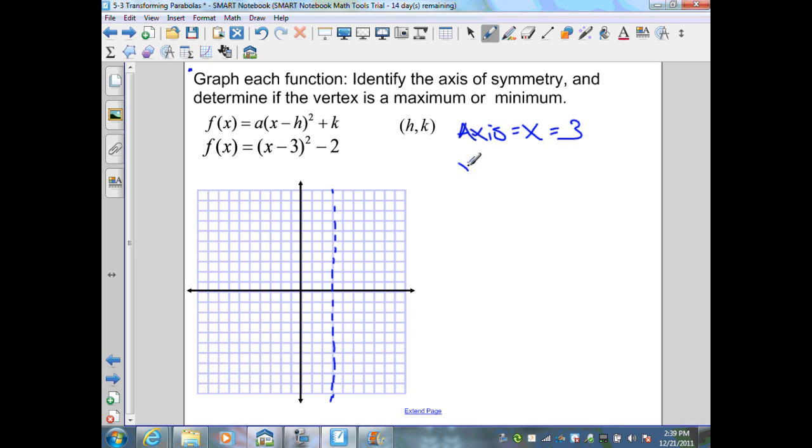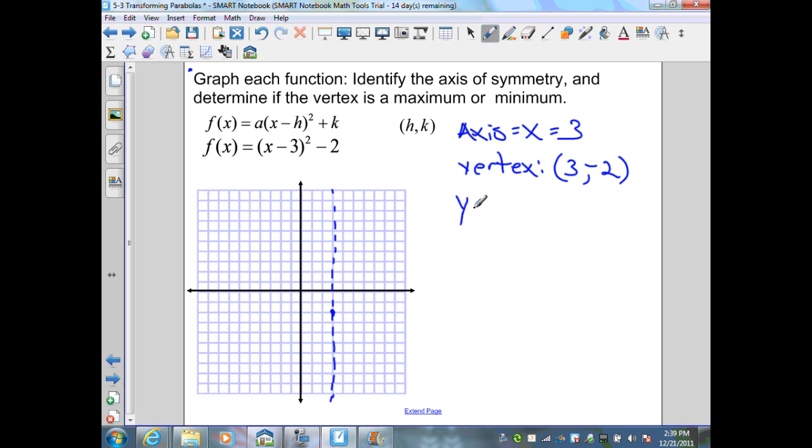My vertex is (h, k). Here, h is a positive 3, k is a negative 2. So from my parent function of (0, 0), it moves 3 units to the right and down 2, represented in our equation, (3, −2).